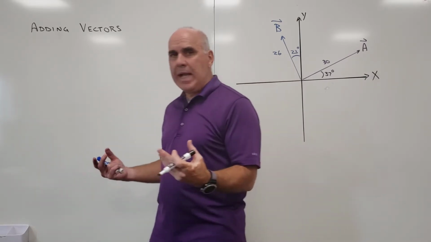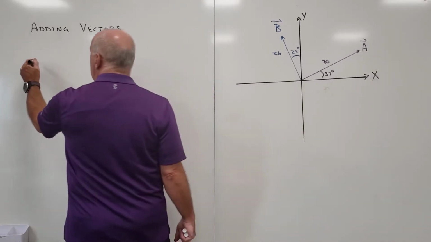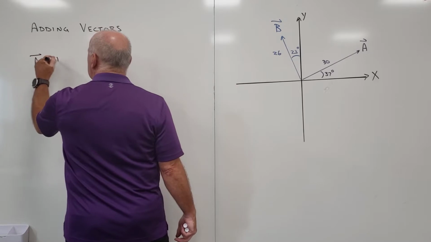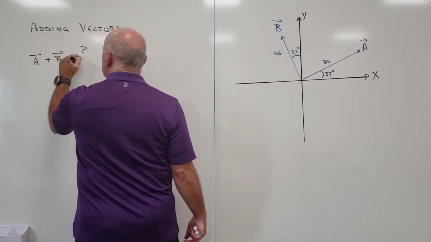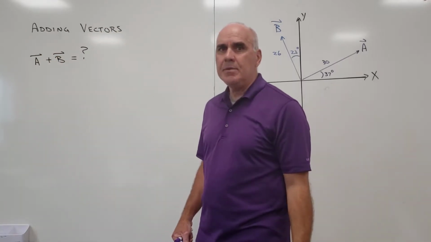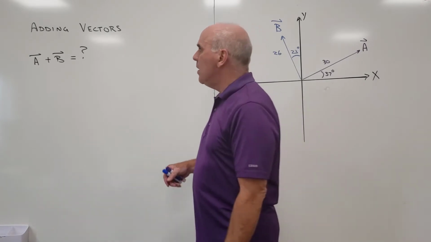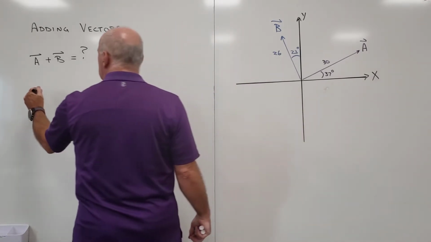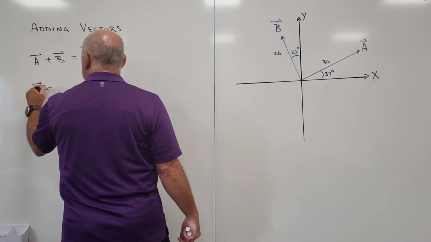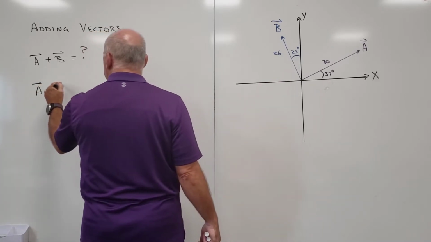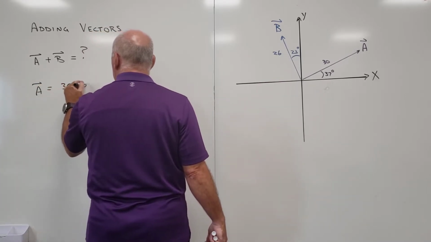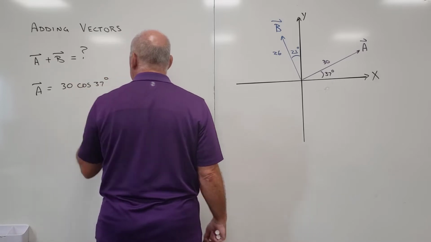Okay, so I want to add these two vectors together. So I want to add A plus B. Okay, that's what I'm looking for. What is the vector A plus B? So let's designate A first. So A, vector A, it's got a length of 30. So it's going to be 30 times the cosine of 37 degrees.